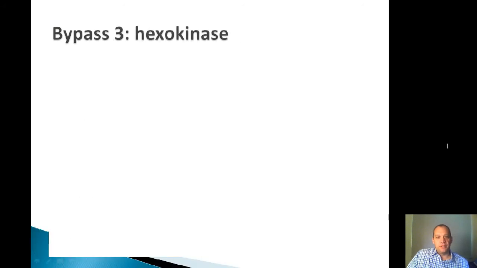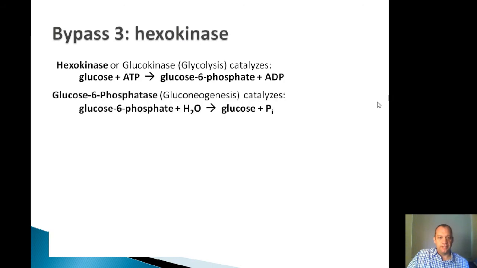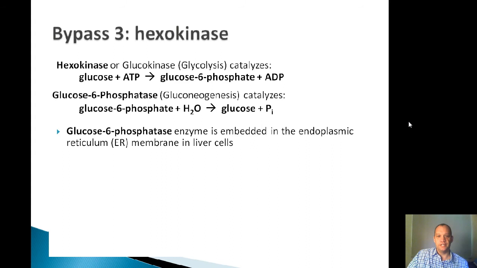Then the final bypass is the bypass of hexokinase, in other words, the first reaction of glycolysis, where glucose is phosphorylated using ATP to form glucose 6-phosphate. So the gluconeogenesis reaction requires the glucose 6-phosphatase enzyme to dephosphorylate glucose 6-phosphate and leave us with glucose and inorganic phosphate.